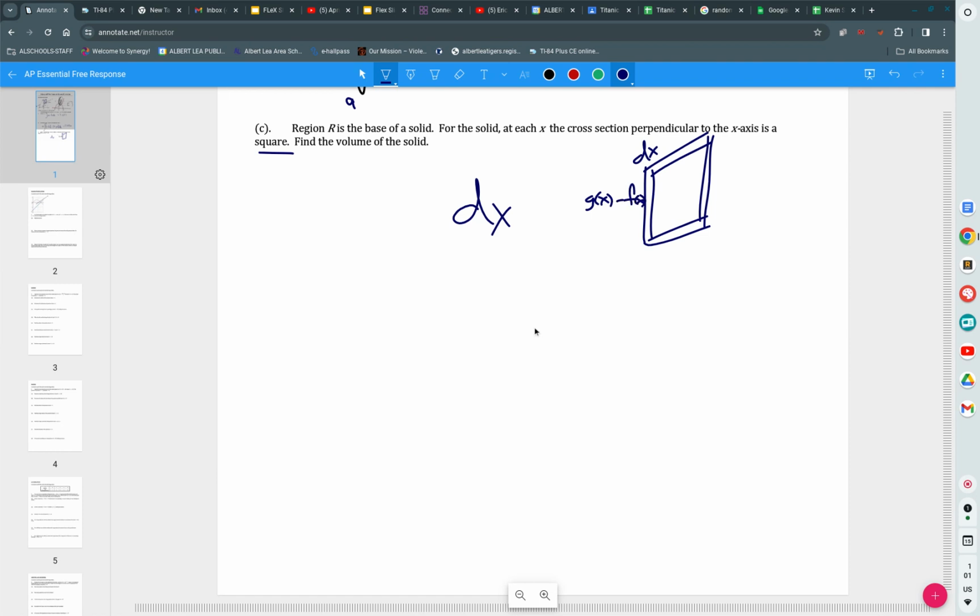What is the dimension of the square? By definition of a square, it's the same. So if you multiply this all out, you get g of x minus f of x, that quantity squared. And that's the volume of one of those shapes. We don't want to do one, we want to do an infinite number, so we just slap on an integral and we integrate from a to b. Do I need pi in front? Why? Square doesn't involve pi at all. And so that's all we have to do.